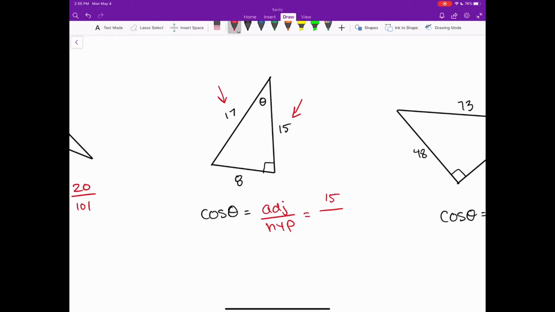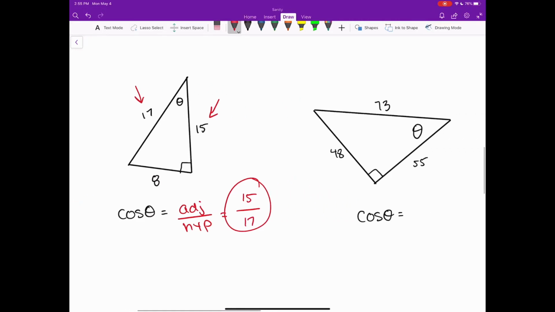Again, the hypotenuse is the side that is opposite of your right angle, or it's the longest side in your right triangle. So 17 is my longest length, so that has to be my hypotenuse of 17. There's my ratio: cosine of theta equals 15 over 17.